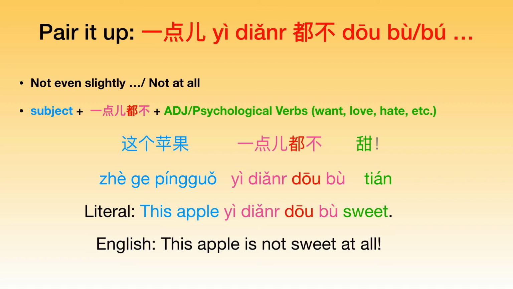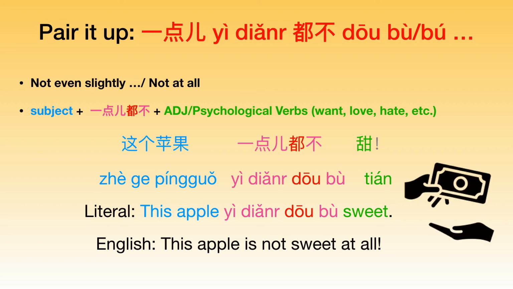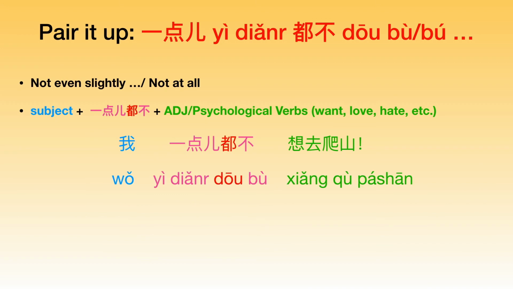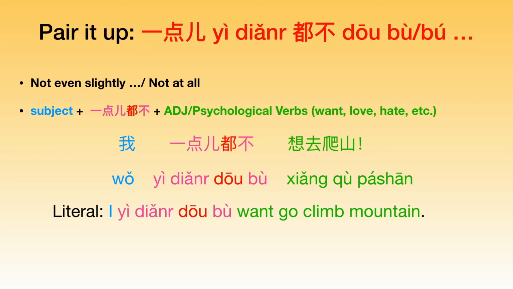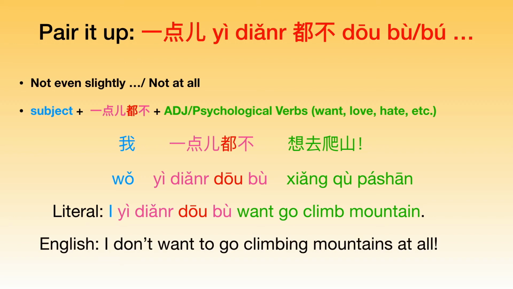This apple is not sweet at all, so I want my money back. So let's do another one. 我一点儿都不想去爬山. Literally, I 一点儿都不 want go climb mountain. I don't want to go climbing mountains at all. So here, 想 is a psychological verb, to want.